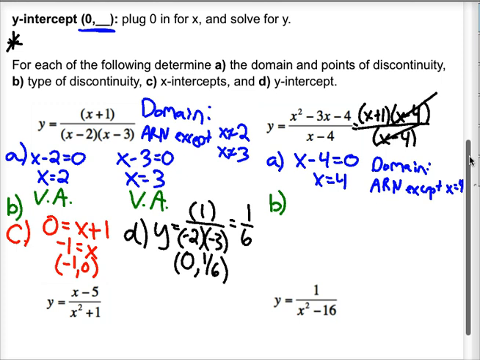I want you to notice it canceled out. Because it canceled out, that means that we are getting a hole right there. So now we have a hole sitting at that point of discontinuity.